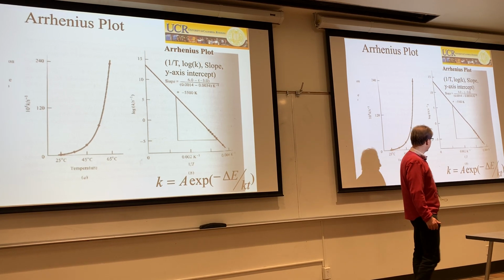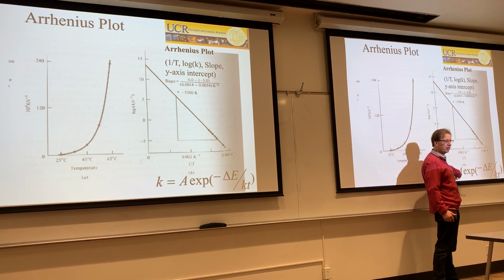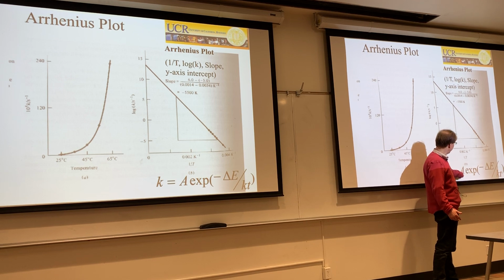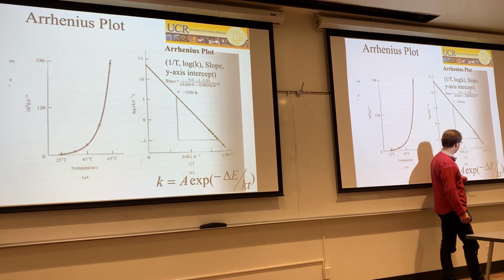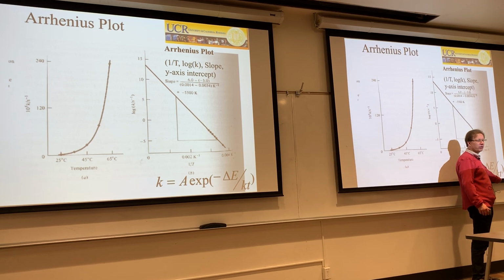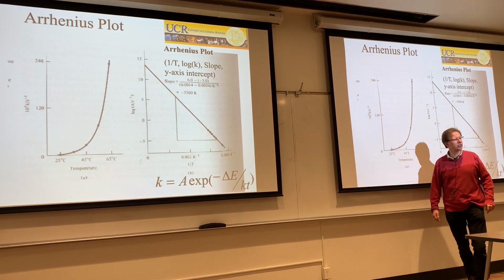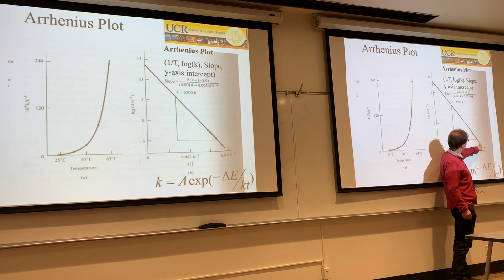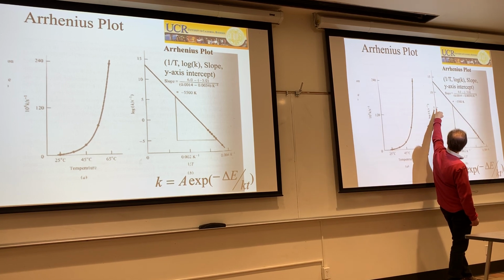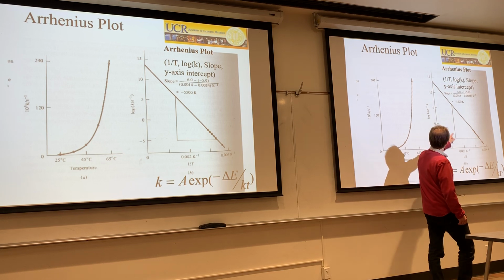But what you then find is that if I were to take the logarithm of the whole thing over here, log k is log A, or ln A, depending on what you're taking, plus ln of e to the power of minus delta E over kT, which is just minus delta E over kT. 1 over kT is the x-axis, so you then have a linear equation in 1 over T, where at 0 you have the intercept of the graph with the y-axis giving the A value.